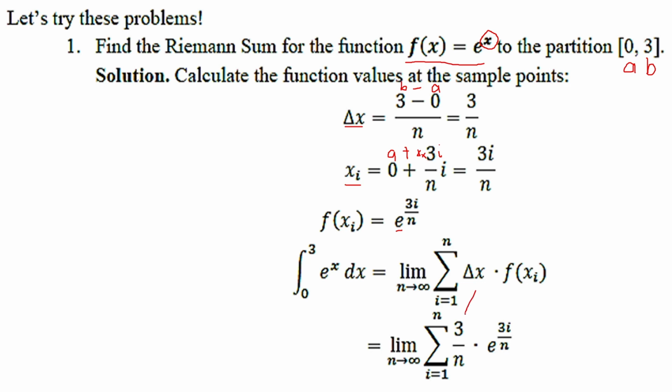Our delta x is 3 over n, multiplied by our f of x sub i, which is e raised to 3i over n. So therefore, this is our answer.